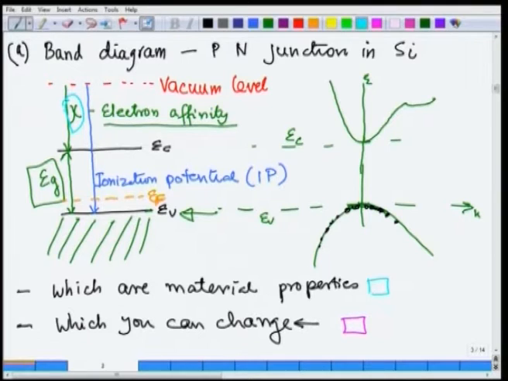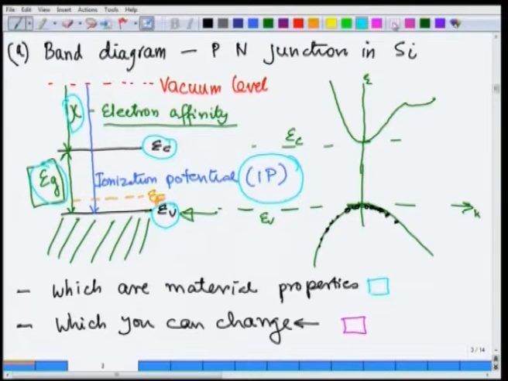Once silicon is specified, then its conduction band edge is specified, and hence electron affinity is specified. The band gap of silicon is fixed, you can't change that. Valence band edge is specified, so ionization potential, therefore all these quantities are material properties. Once you say silicon, they are all already set.